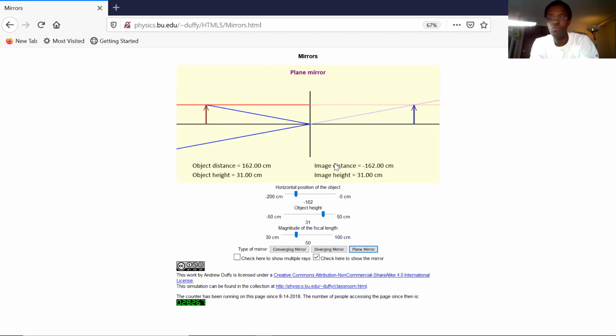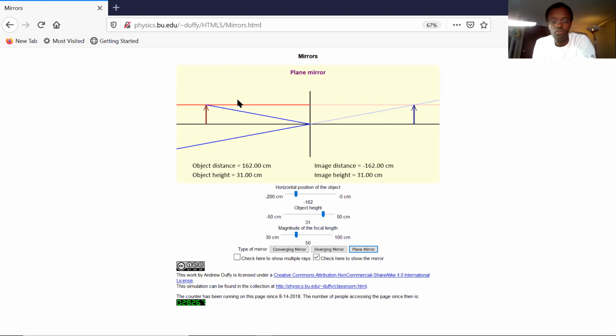The image of the reflection of yourself is called a virtual image because it's on the other side of the mirror. If the image were on the same side of the mirror as you being the object, then the image would be real. Okay, and that would mean that you could capture that image on a screen.